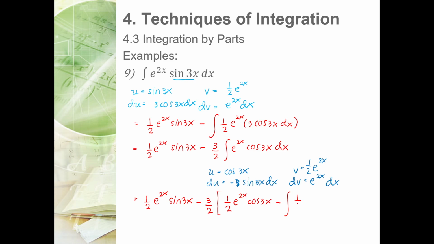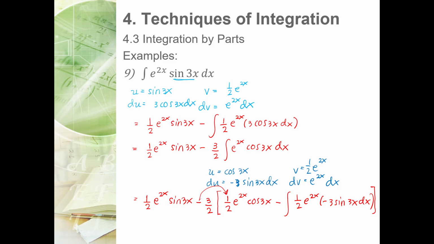So 1 half e to the power of 2x times minus 3 sine 3x dx. I think this one is the same as example number 7. So again, don't forget to distribute 3 halves.